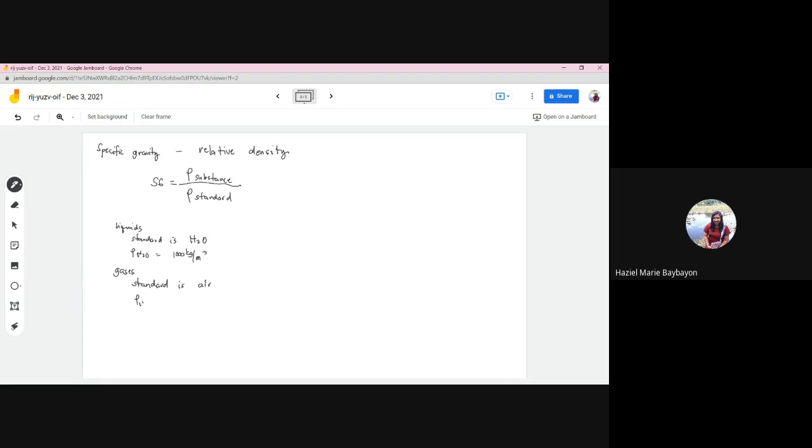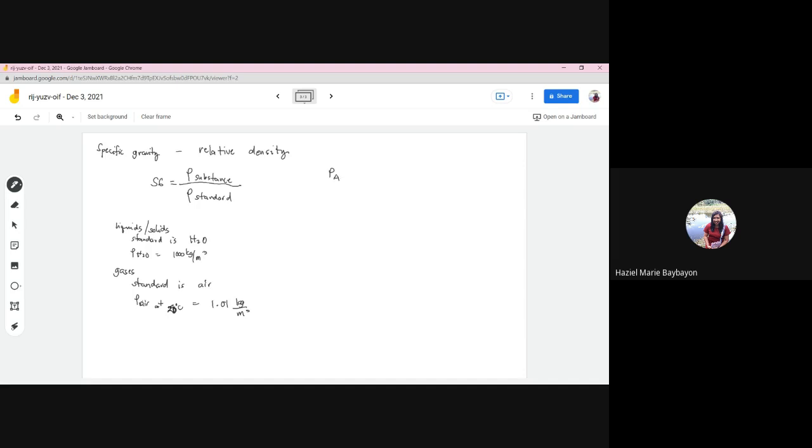And the density of air at 4 degrees Celsius, sorry, it's 20 degrees Celsius, is equal to 1.01 kilogram per meter cube. Okay, that is for gases, and water is for liquids and solids.